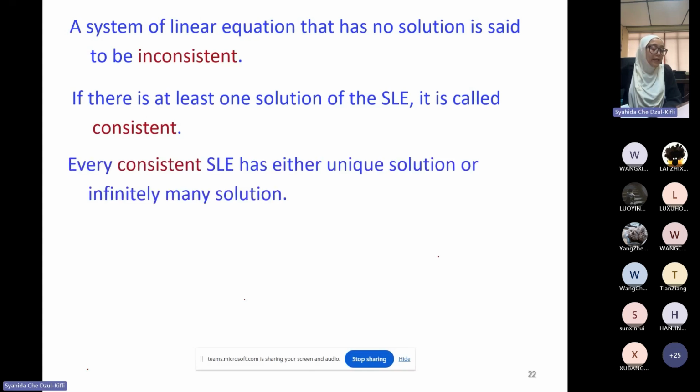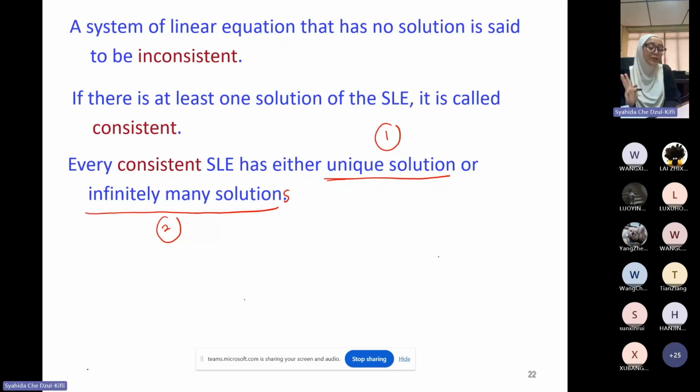And for every consistent system of linear equations, there are two possibilities. It either has a unique solution or it has infinitely many solutions.